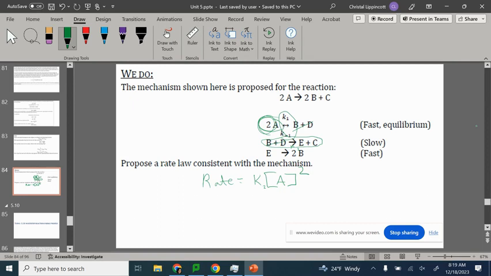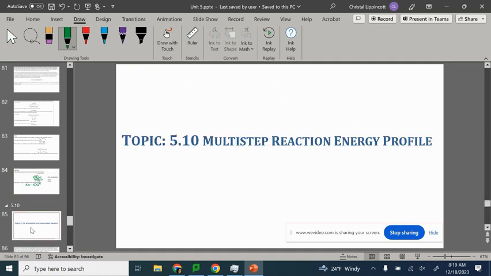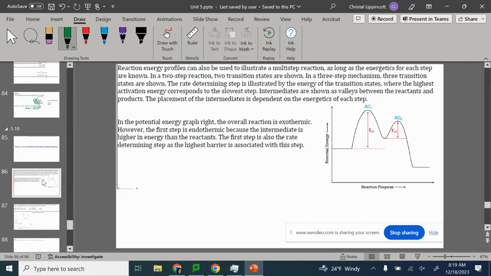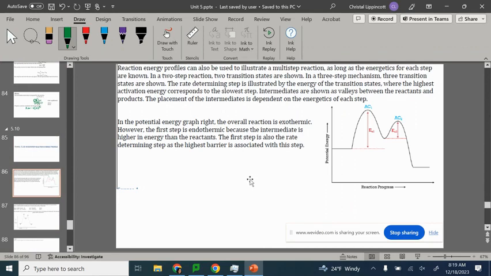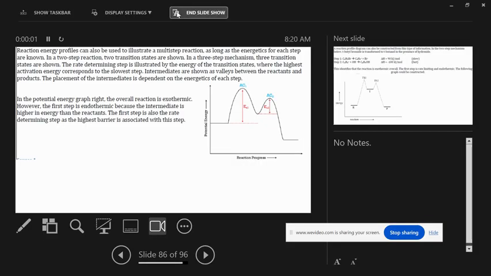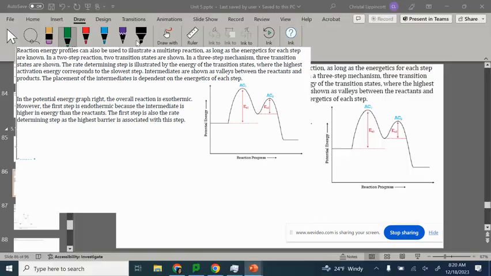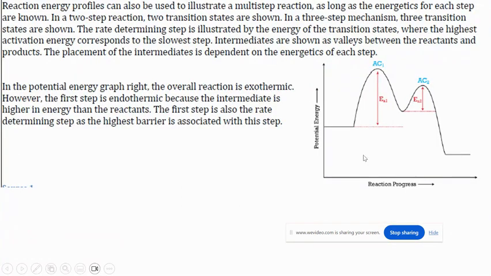All right, moving on. Moving on up. So, multi-step reactions when we're looking at our graphing here. Okay, so we looked at graphs before where we saw different steps.